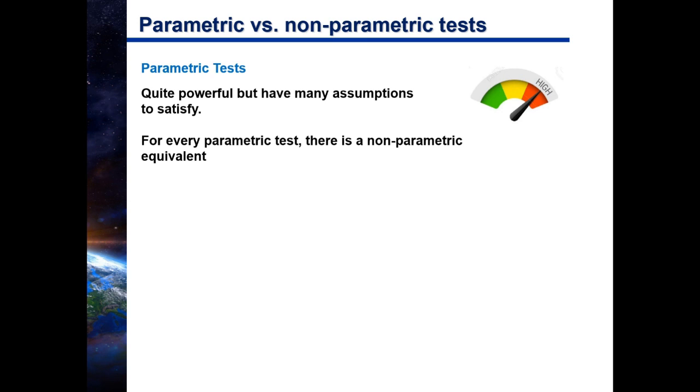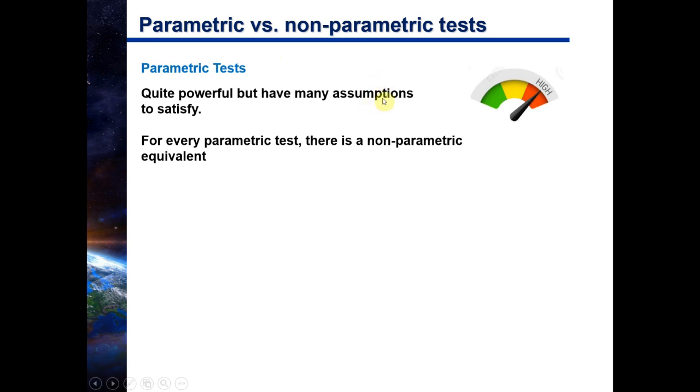So when we say that they are powerful, that's what we're referring to. The fact that they're very powerful is an advantage. Obviously, we want to be able to detect those treatment effects, but there are disadvantages associated with these tests. And again, as it says here, there are lots of assumptions to satisfy.